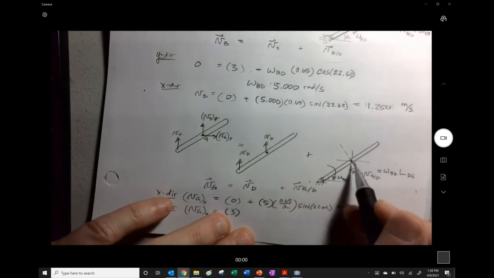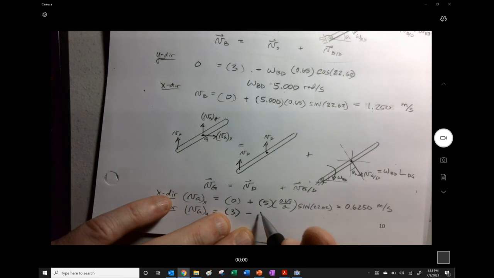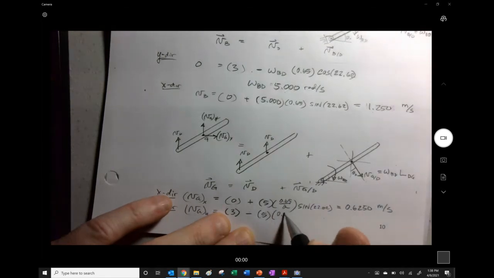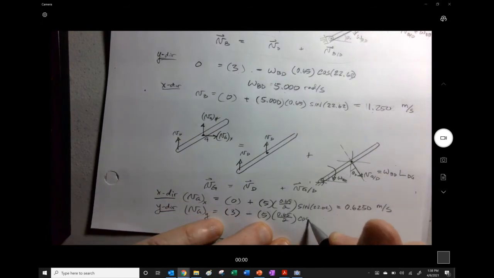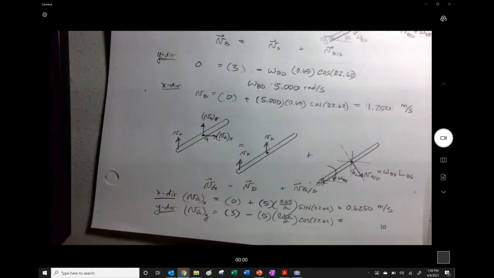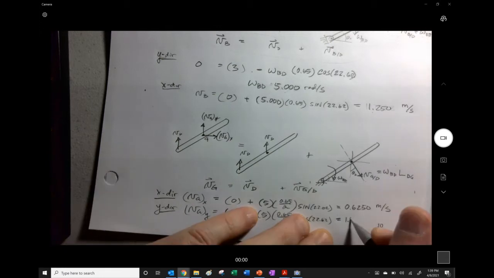And then minus, you'll see that this is minus 0.65 over 2, and then cosine of 22.62, and then we can subtract that from 3, and that's going to be equal to 1.5 meters per second.